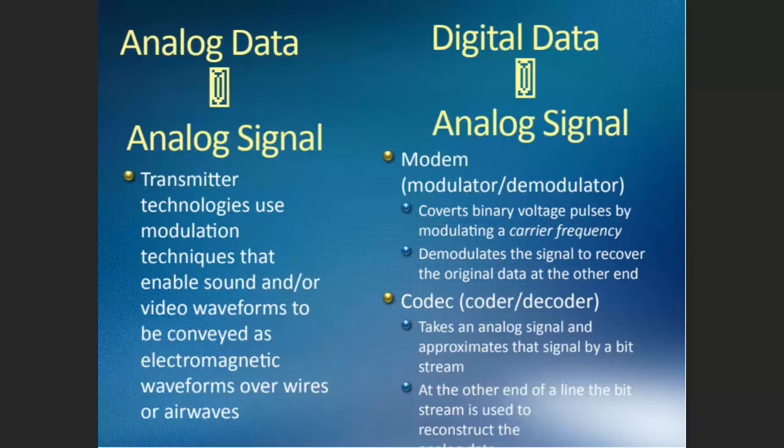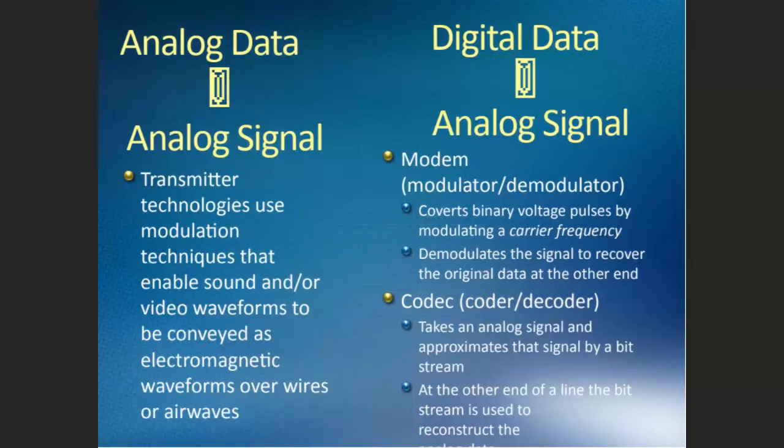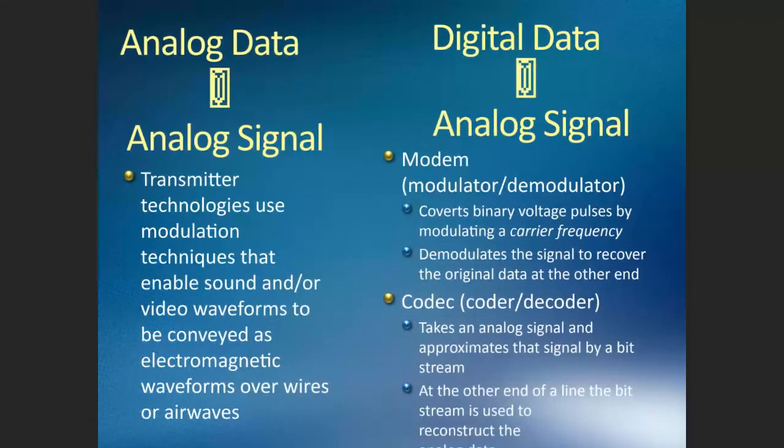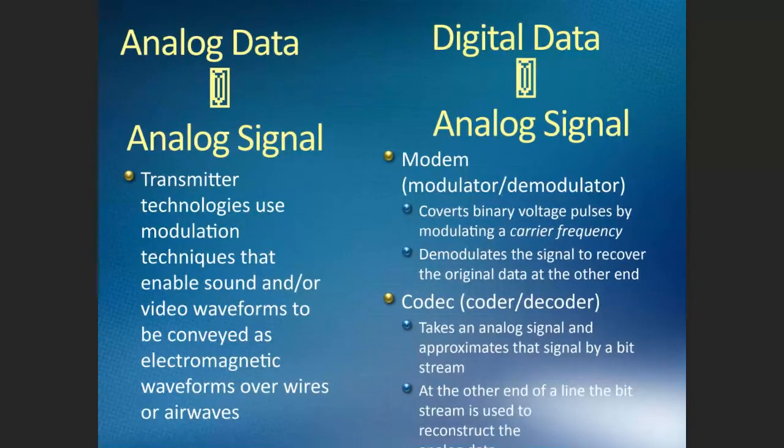Digital data over analog signal, such as a modem, which stands for modulator demodulator, converts binary voltage pulses by modulating a carrier frequency, and demodulates at the receiver side to recover the original data at the other end.